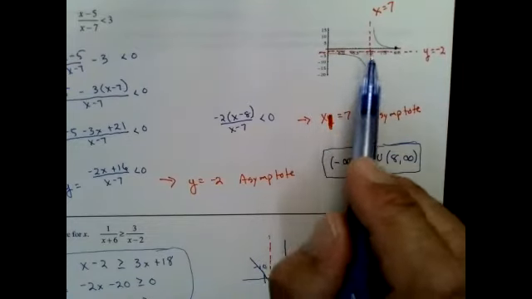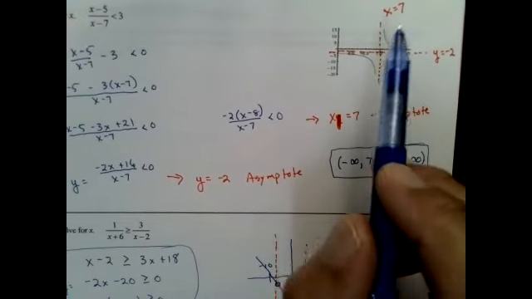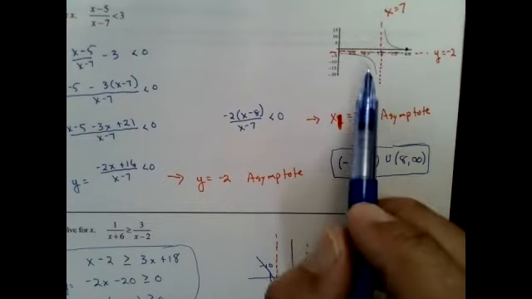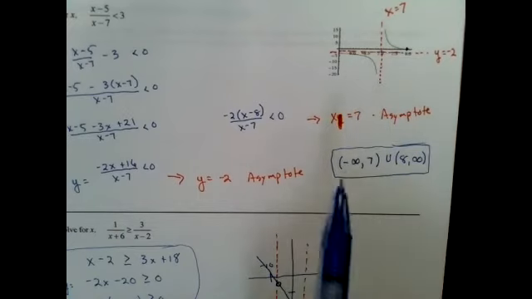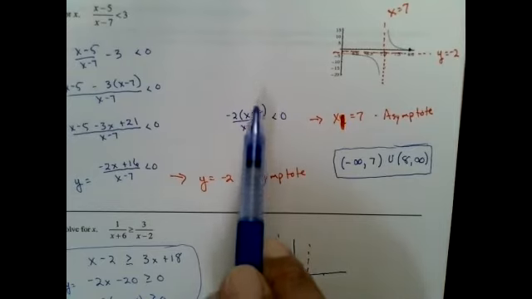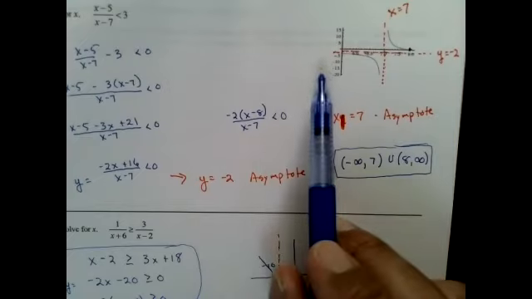Here's the -2. Here's the 7. At this point, I may pick points like we did the other day to help me come up with the graph. That's fine, picking points. But right now I have this action going on. I want to know when it's negative. My graph helps.